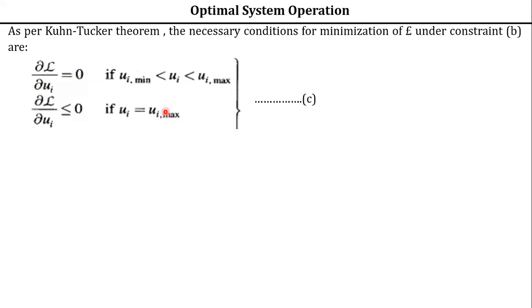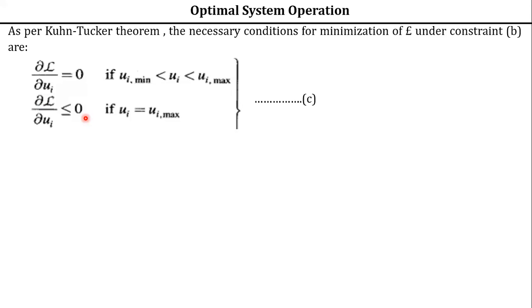Clear? If it violates the maximum value, that is, ui is clamped at the maximum value, the gradient will be negative. That means dL/dui will be less than or equal to 0. Clear? Gradient will be negative. Suppose it violates the minimum limit, then what will be the gradient?